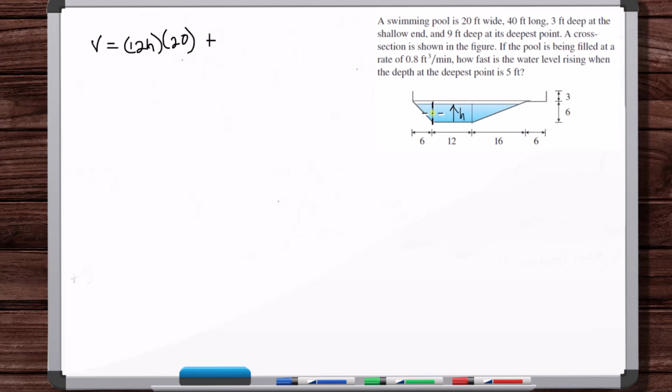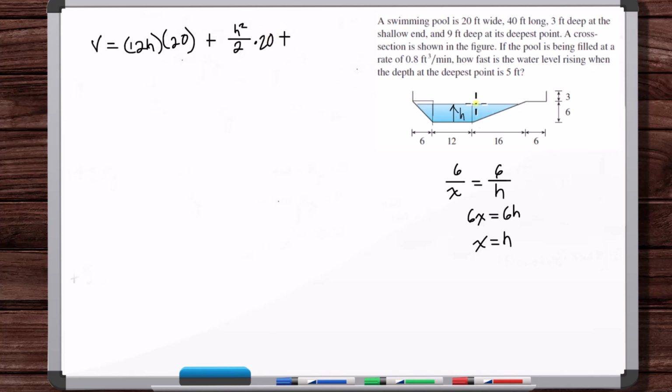It's 6 by 6. If we say this unknown side is x, 6 divided by x is equal to 6 divided by h. So 6x is equal to 6h, x is equal to h. Base times height, which is h times h divided by 2, so h squared divided by 2 times 20.